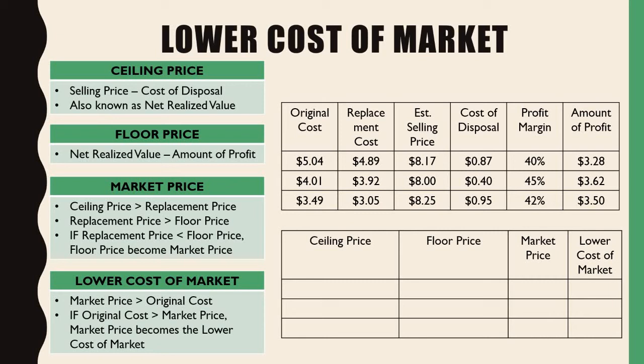So let's go ahead and solve for the ceiling. Ceiling is going to be the selling price minus the cost of disposal. So what's my selling price going to be for this one? 817. 817, okay, and we're going to subtract out the cost of disposal.